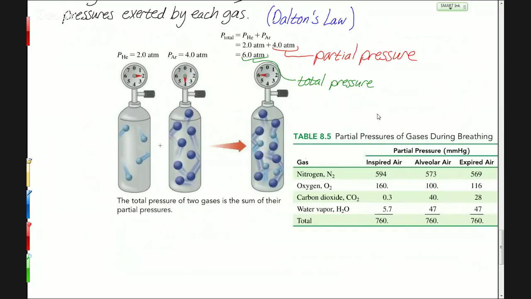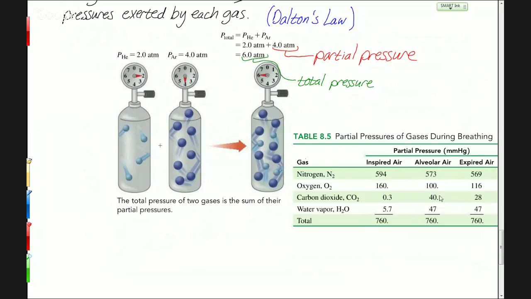So you can see how the proportion of gases changes by the partial pressures of each kind of gas in each type of air. So the air that comes in is 160 millimeters of mercury partial pressure. That's like the regular air. Then when it's down in your lungs, it goes down to 100.